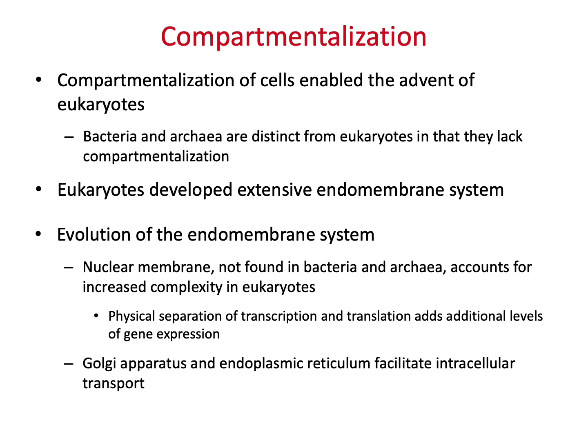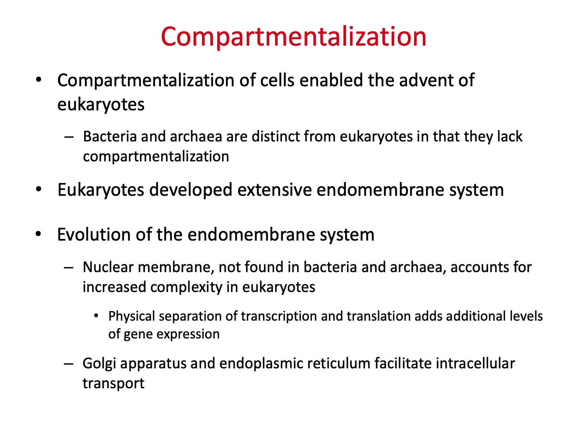Bacteria and Archaea are distinct from eukaryotes because they lack compartmentalization. And like I mentioned earlier, eukaryotes developed an extensive endomembrane system. A nuclear membrane that is not found in bacteria and archaea accounts for increased complexity in eukaryotes. Physical separation of transcription and translation adds additional levels of gene expression for eukaryotes.